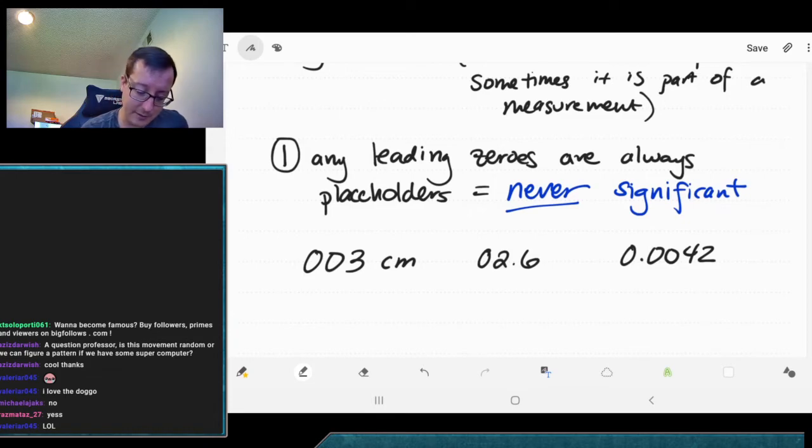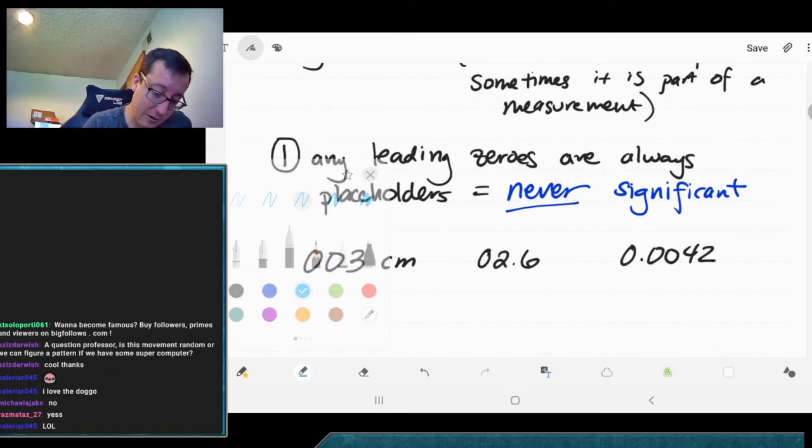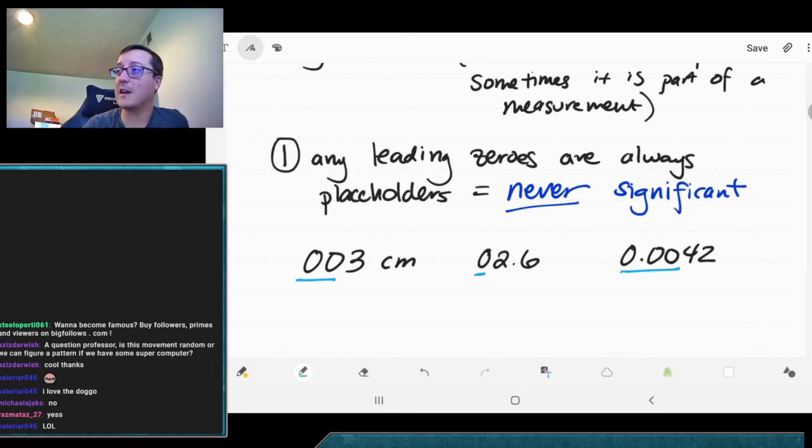So those zeros, which are called leading zeros, they don't count for our sig figs. So this number 003 is still one sig fig, right? I can throw as many zeros in the front as I want. It doesn't change the number, but it doesn't add anything either.